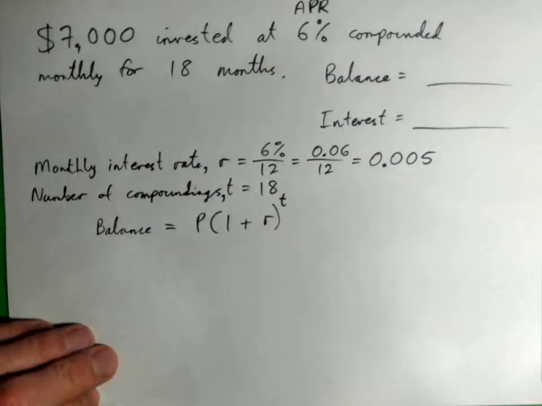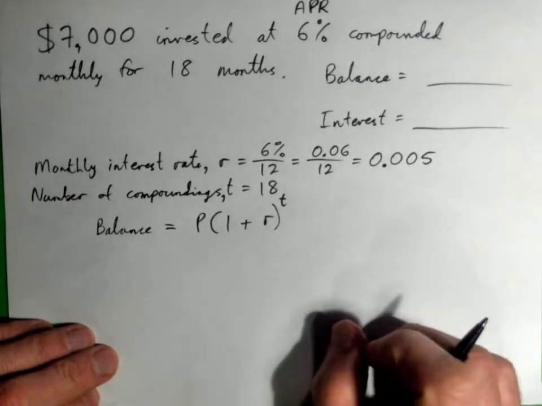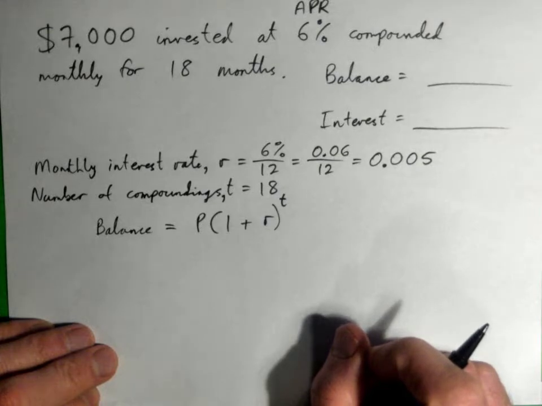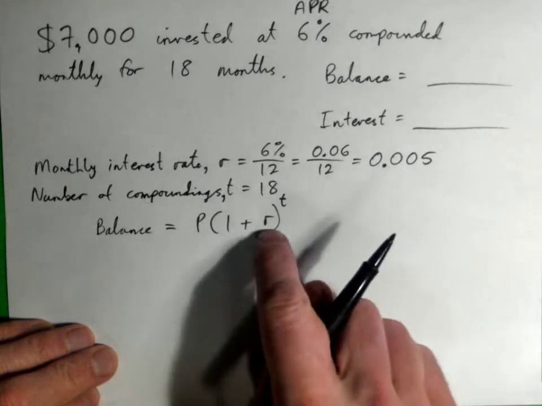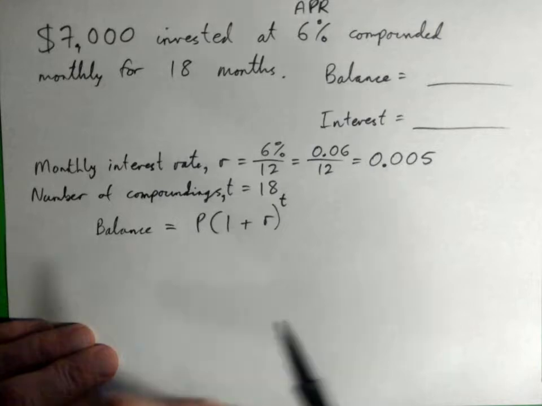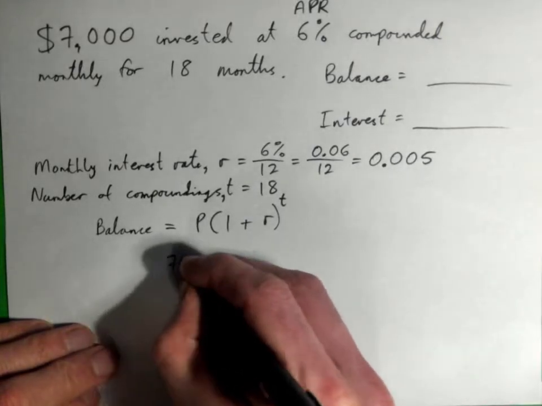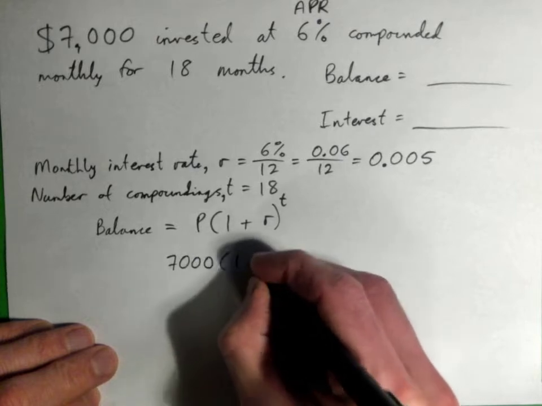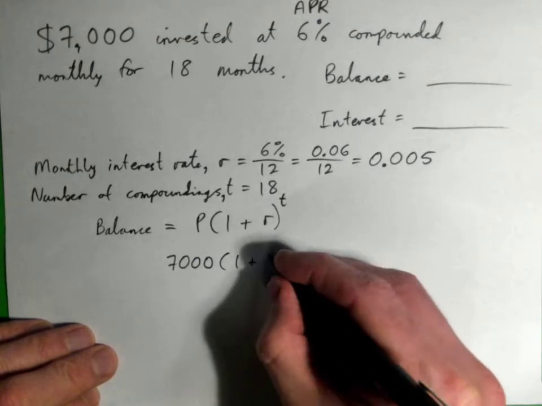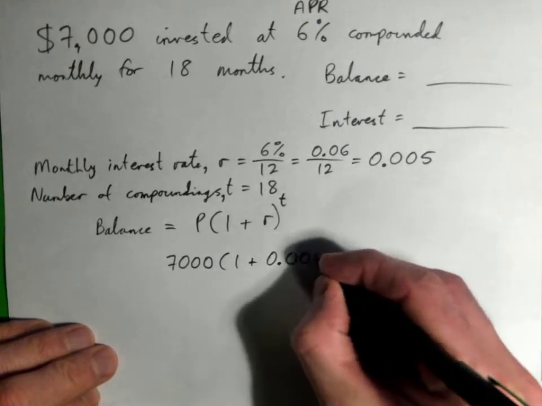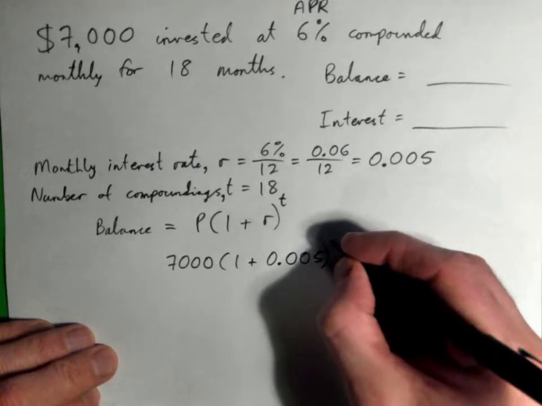It's the compound interest formula, right? And we just need to do it for months instead of years. So in other words, our principal is 7,000 times 1 plus the rate is 0.005 and T is 18, right?